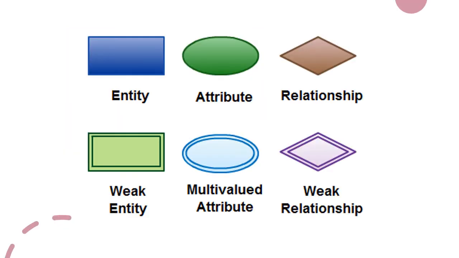Okay. This is a symbol. You need to use the correct one when you are required to draw the ER. Okay, so this is for the Chen model. Chen model. Crow's foot is easier.